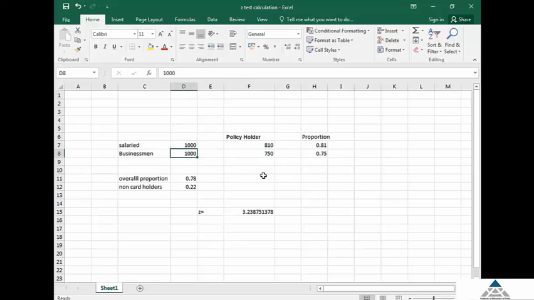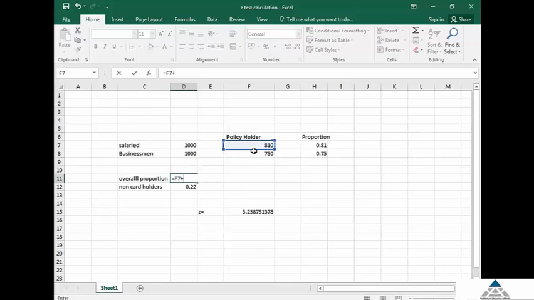P stands for the pooled proportion of both the groups, which is calculated as 810 plus 750 divided by 2000, which is 0.78. Thus, 1 minus P is 0.22. We can use PA and PB in the denominator too.